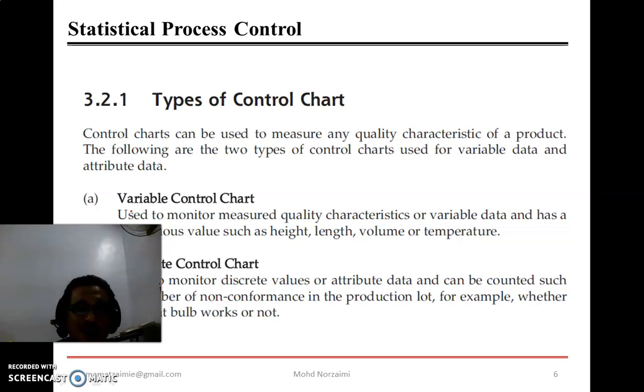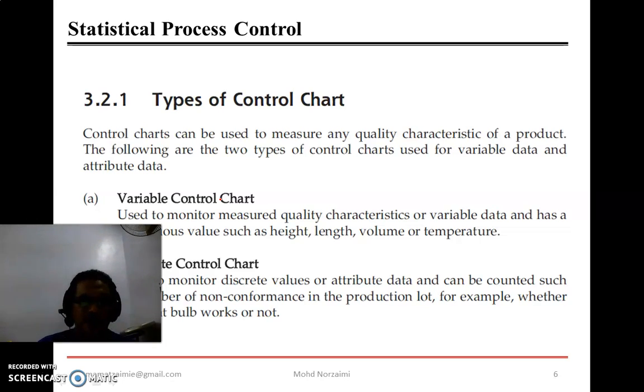Attribute data is data we count. For example, COVID data is counting the number of cases. That is considered attribute data. We have two categories of control chart: number one is the variable control chart, and number two is the attribute control chart.